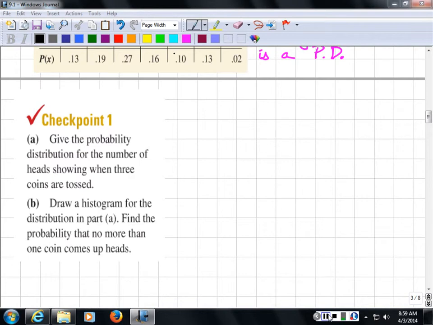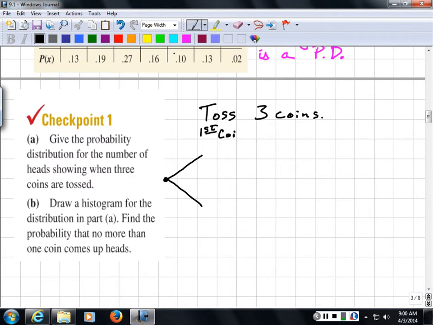And if we use a tree diagram, so we toss 3 coins, and obviously they're going to be the same kind of coin and they're going to be fair coins, right? So we toss 3 coins, and we use a tree diagram to start, and this is going to be the first coin. And it's either going to be a head or a tail. And then there's going to be the second coin.